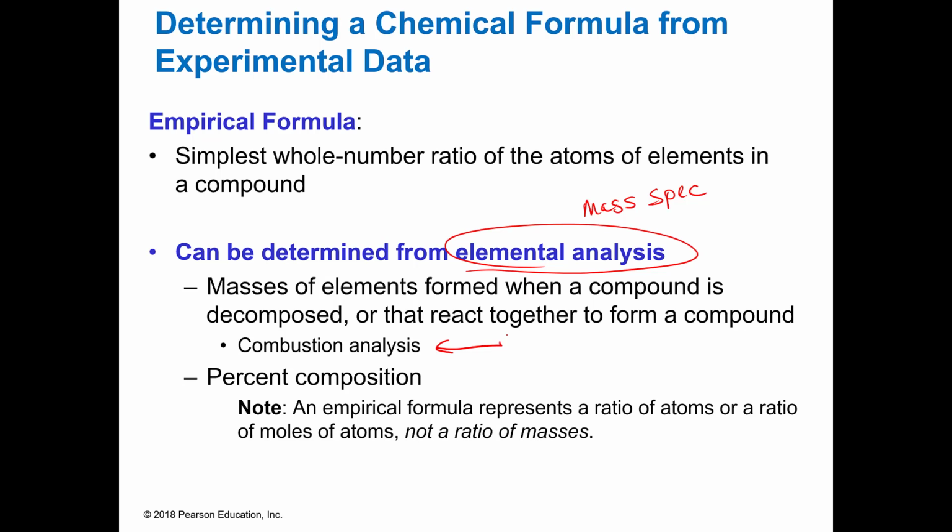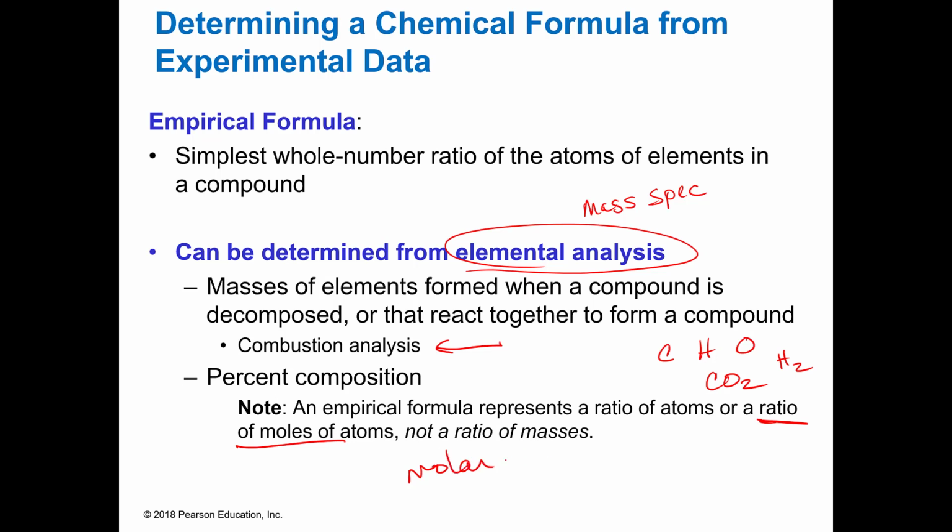So the carbon and the hydrogen and the oxygen, this is really good for organic things that are composed of carbon, hydrogen, and oxygen, because we can measure the CO2 coming off, the H2O coming off, and then we can back calculate into that, and then we can get the ratio. Now keep in mind, this is a molar ratio.